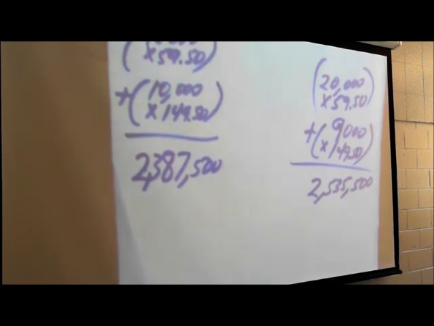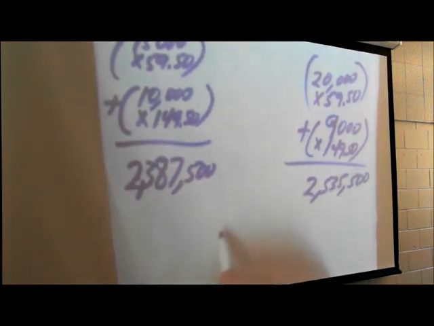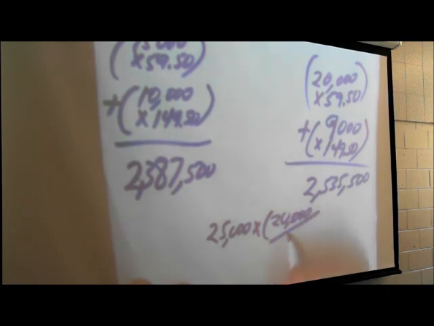What we can do, and it's rather complicated, but I guess probably about the only way here, we're going to take 25,000 times 20,000 divided by 29,000 times the 59.50.